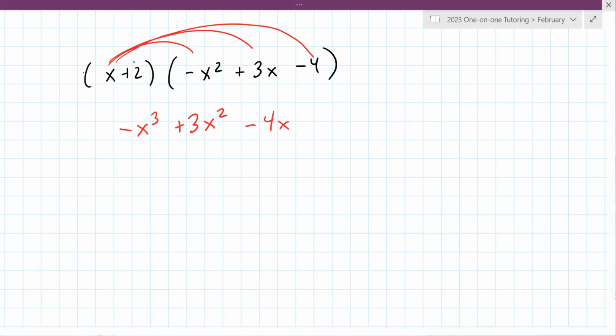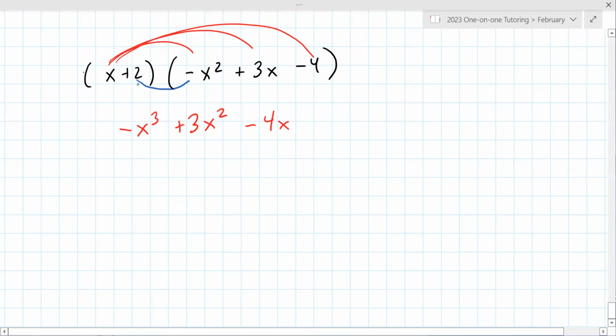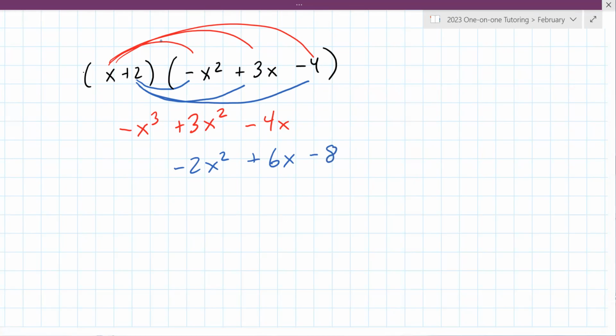So now we're going to do the 2 times everything: 2 times the negative x squared, 2 times the 3x, and 2 times the negative 4. Negative 2x squared. Good. Positive 6x. And then a negative 8. Yes.